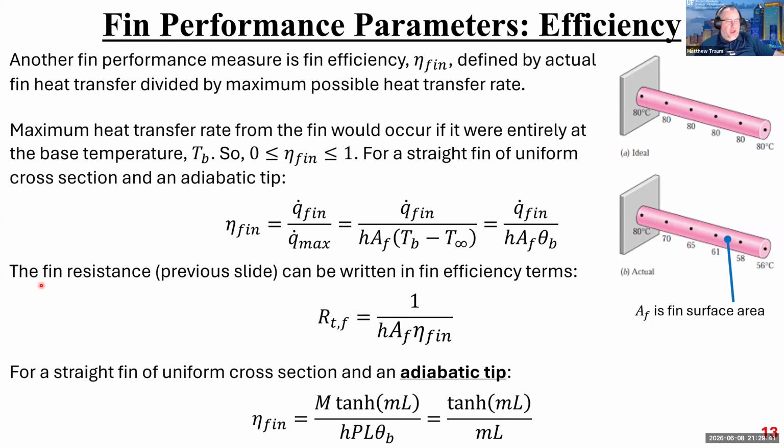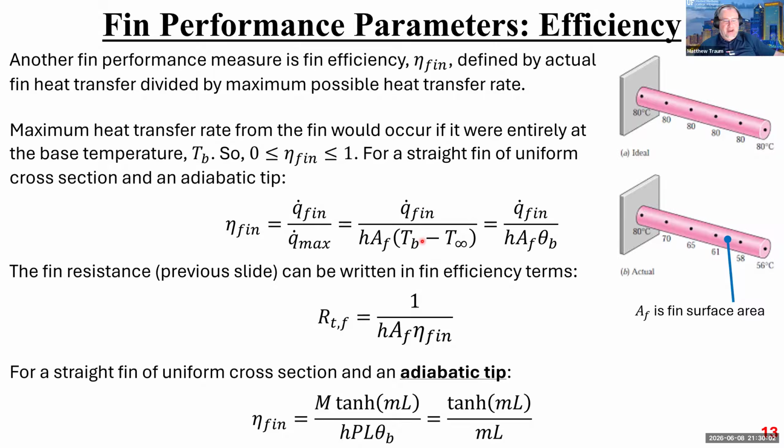Okay, so the fin resistance from the previous slide can also be written in terms of fin efficiencies, right? So you can imagine how this could actually start to become useful. We like to have resistances so that we can make those nice one-dimensional thermal circuits that are so easy to solve to model heat transfer situations.